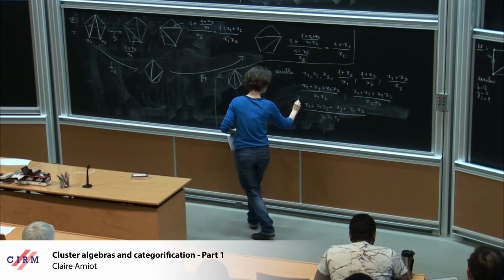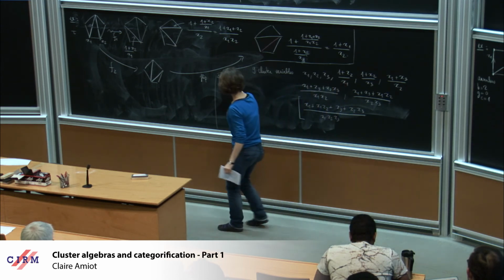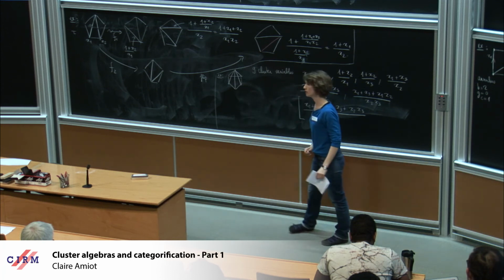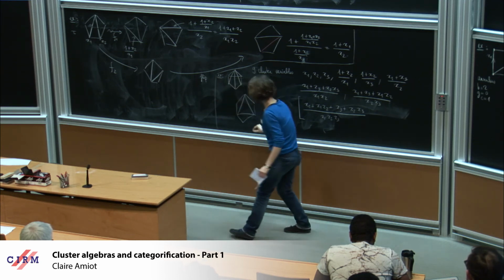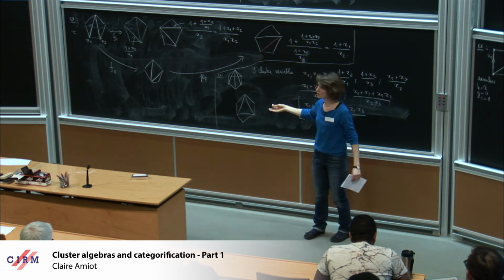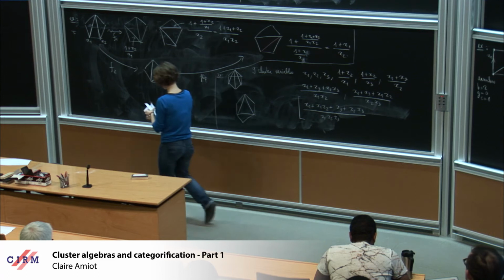So this one crosses the arcs 1, 2, and 3. But if you start with this triangulation, you won't get one most complicated cluster variable.